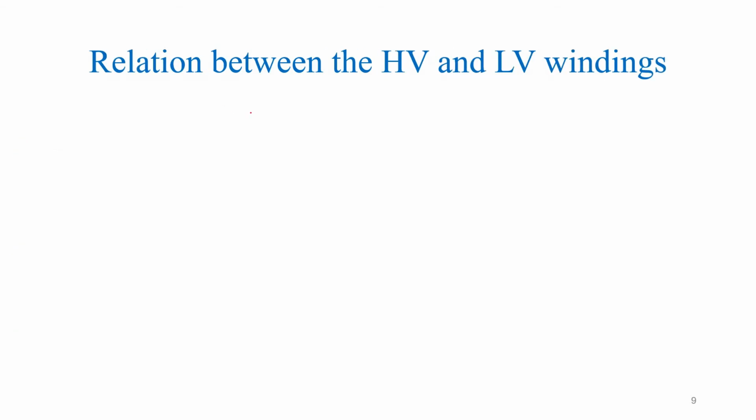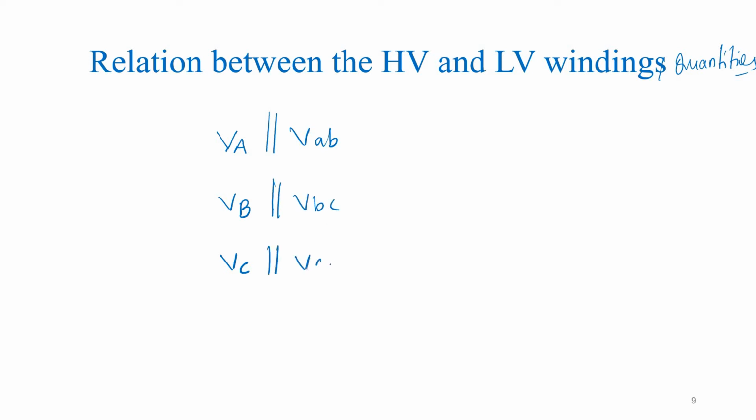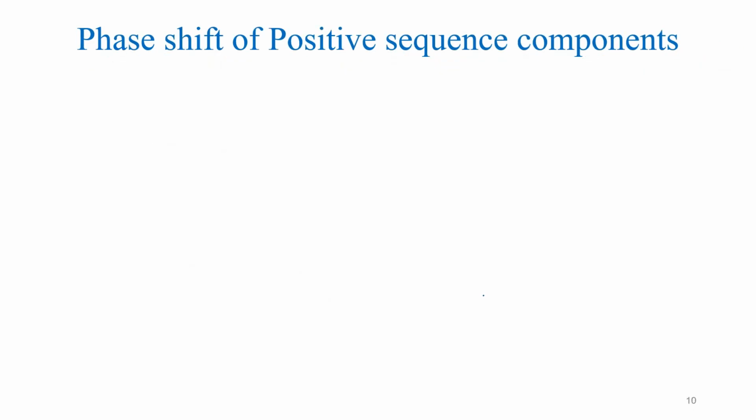Relation between the HV and the LV windings. Just now we have seen the HV side voltages. If you consider VA, VB and VC, these quantities are parallel to the LV winding quantities VAB, VBC and VCA. That's it. So these are the relations we found from the three-phase star delta transformer for the phase shift of positive sequence components.